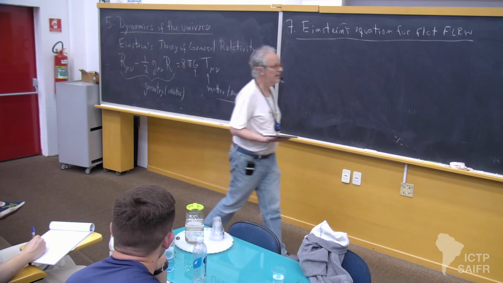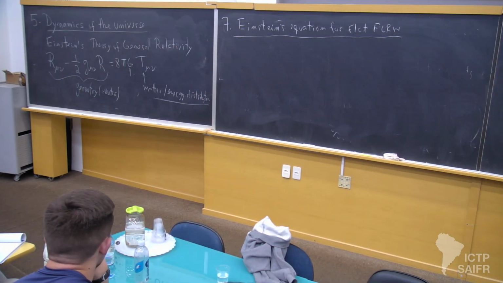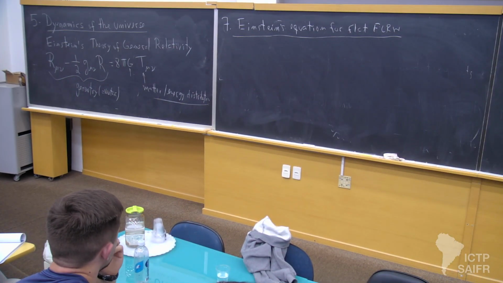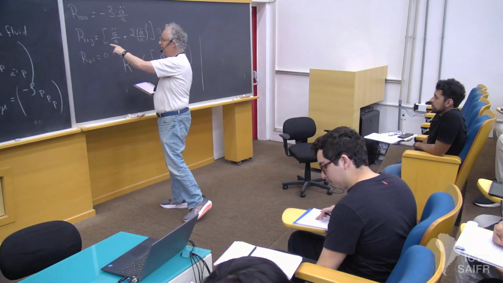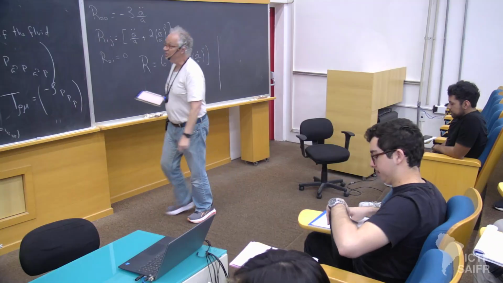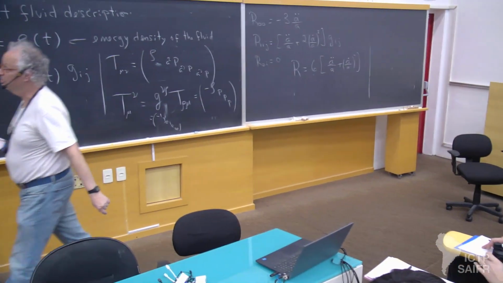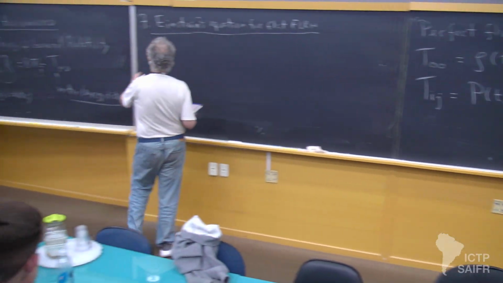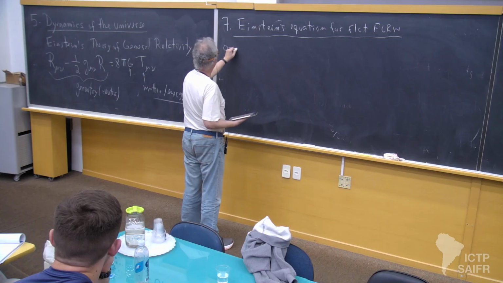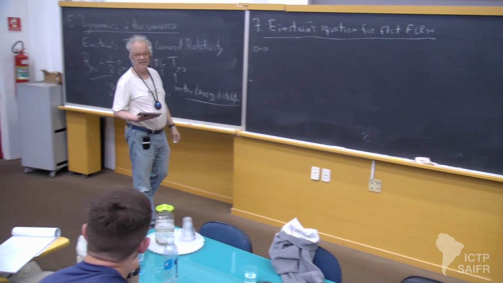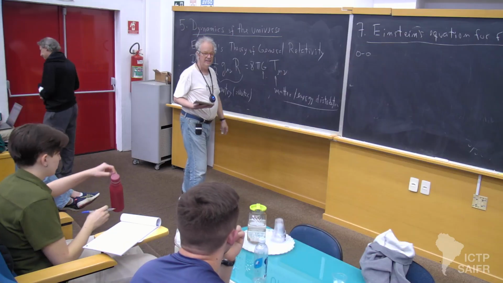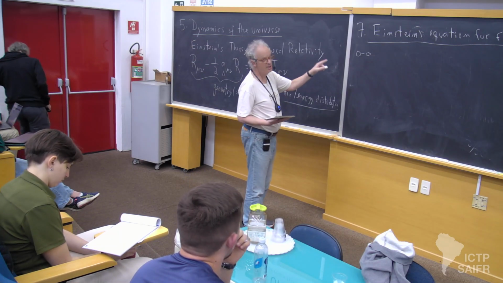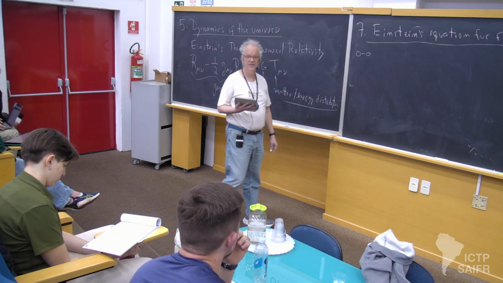So as I told you, there are only 2 non-zero components of the Ricci tensor, the 0,0 and ij, but ij is diagonal. So there are two sets of equations I need to compute. I need to compute the equation which has 0,0 indices, so mu equals 0, nu equals 0, and the equation which has ij indices. So let's start with the 0,0.